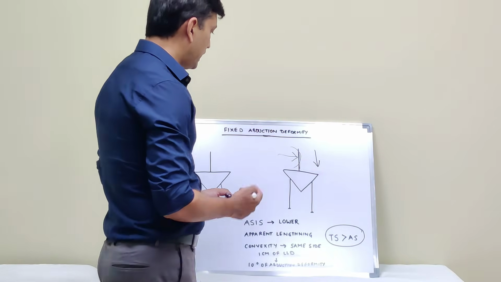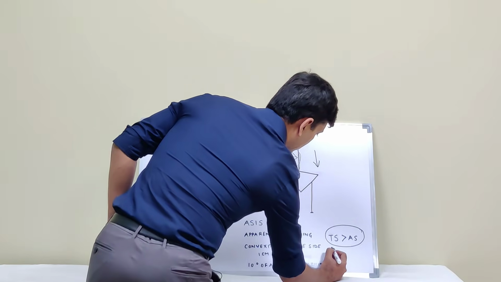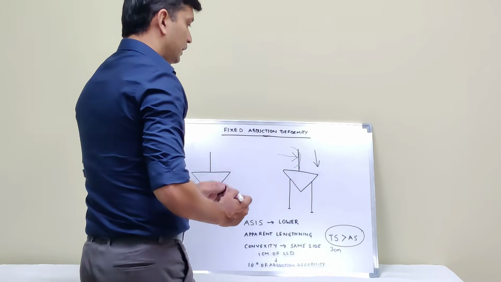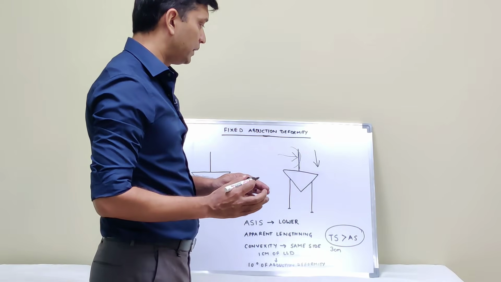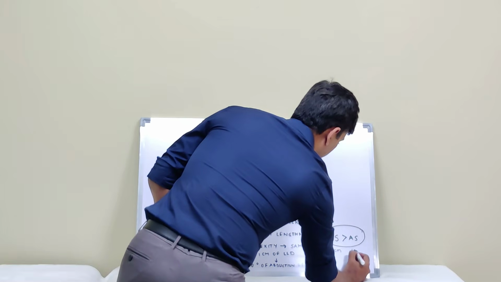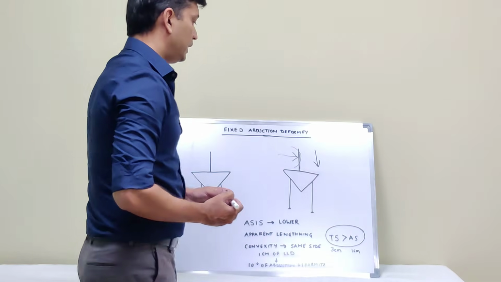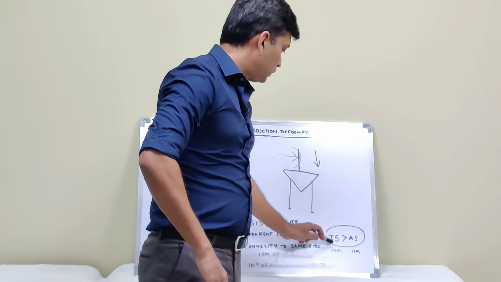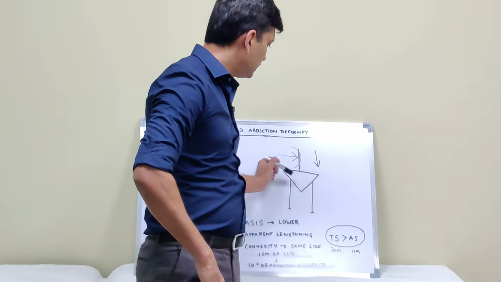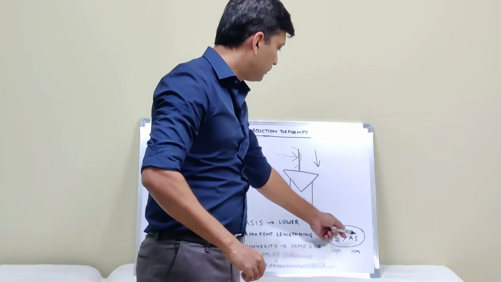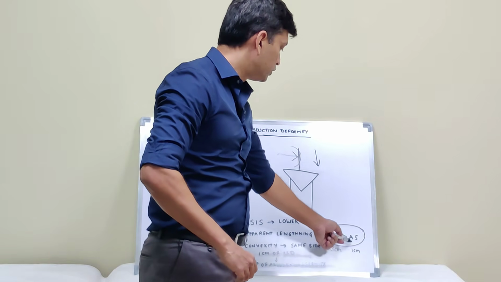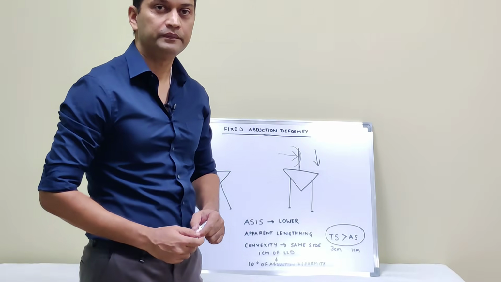So if somebody has got say true shortening of around 3 centimeter, if there is an abduction deformity, the abduction deformity will be to compensate. So it will be say for example 1 centimeter, then that means out of 3 centimeters, 2 centimeter has been compensated by tilting of the pelvis, and because of the tilting there is apparent lengthening, hence your apparent shortening will be lesser.